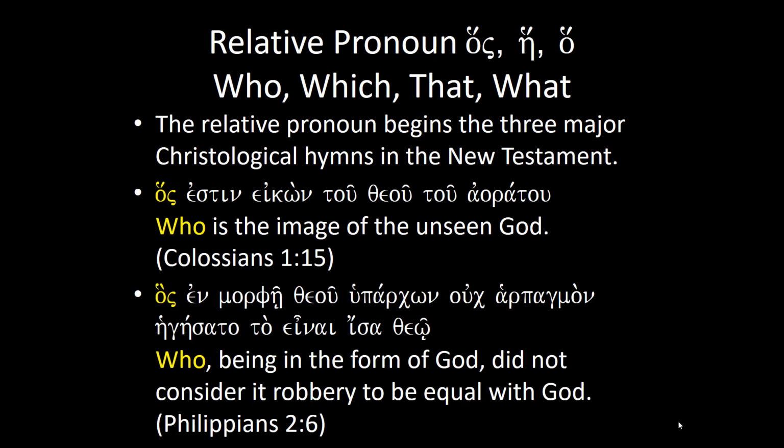Philippians 2, another hymn. Hos en morphē theou hyparchōn, ouch harpagmon hēgēsato to einai isa theō. A lot of vocabulary you've never seen before here. But who, although existing in the form of God, did not consider it robbery to be equal with God. The point here I'm making is that this pronoun introduces this Christological hymn in Philippians 2.